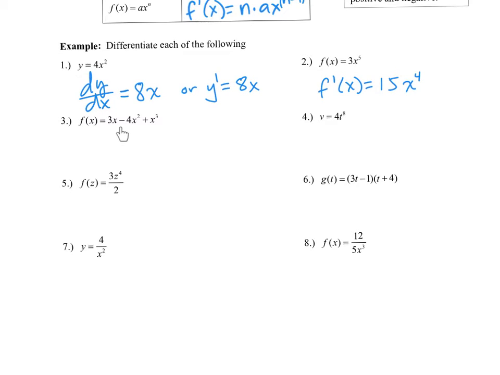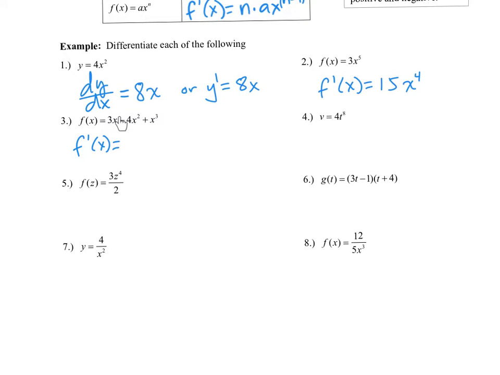Okay? So now let's look at this next example. What if the function has more than one term? Well, what you do is you just apply the rule to each term individually. So let's look at number 3. To find f prime of x, let's first of all find the derivative of just the first term, 3x. Now, you don't see the exponent. There is an exponent, and that exponent is 1.